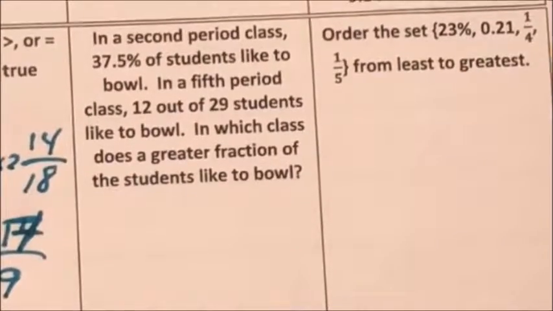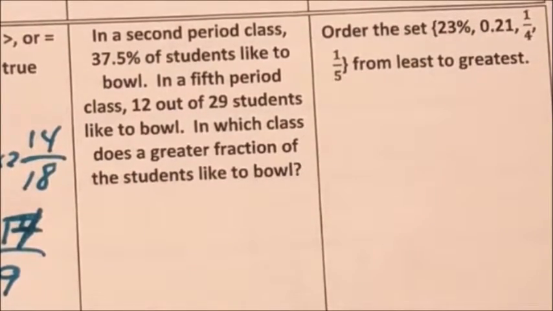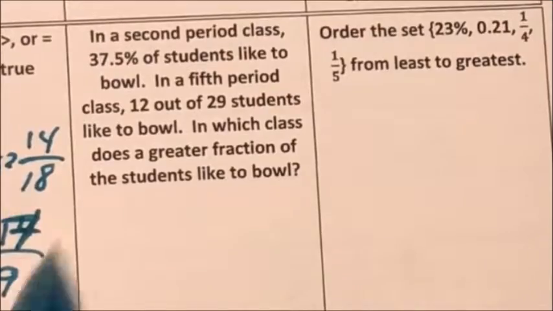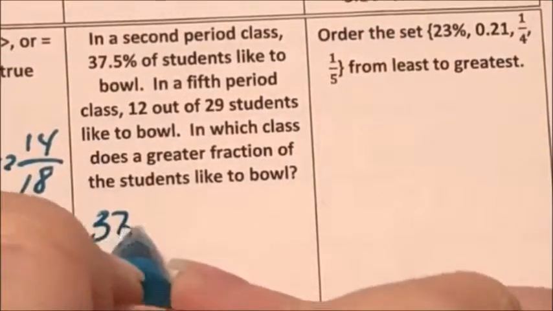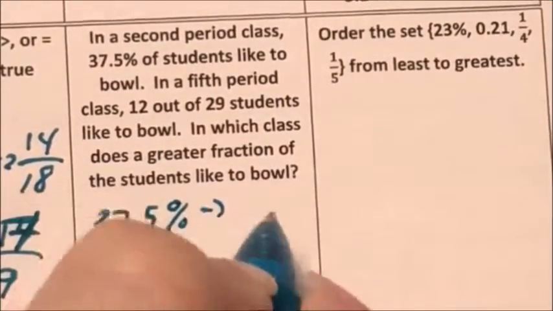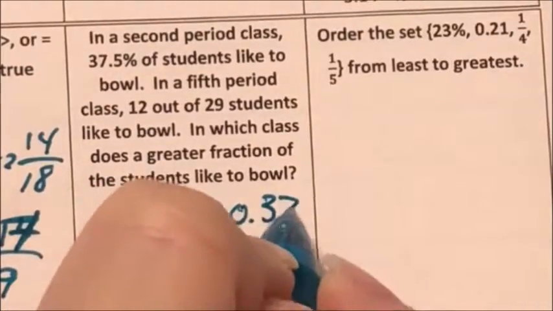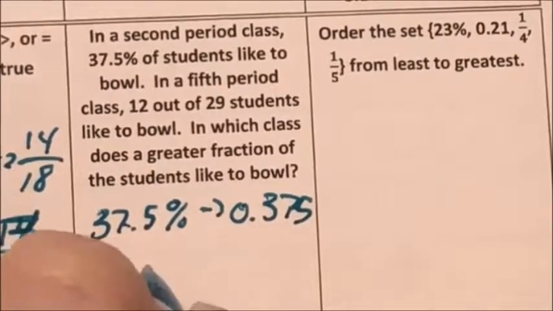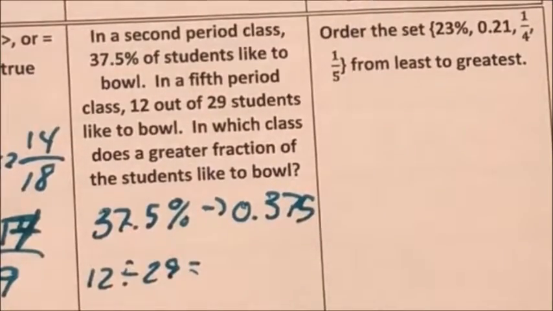Example number 3 says in a second period class, 37.5% of students like to bowl. In a fifth period class, 12 out of 29 students like to bowl. In which class does a greater fraction of students like to bowl? So 37.5%, I can write as a decimal, so 0.375. 12/29ths I can divide, so 12 divided by 29.